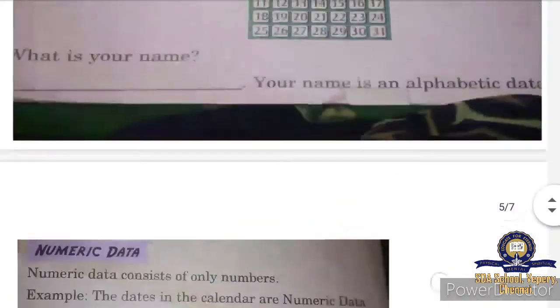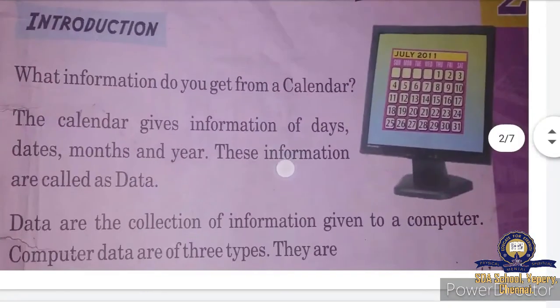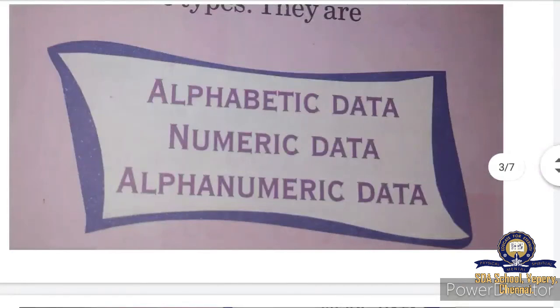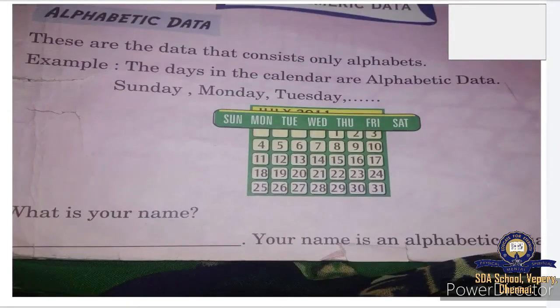I think now you would have understood what all the data present in the computer are. First one is alphabetic, second one is numeric, third one is alphanumeric. For alphabetic, we have seen the days on the calendar and name of a person.